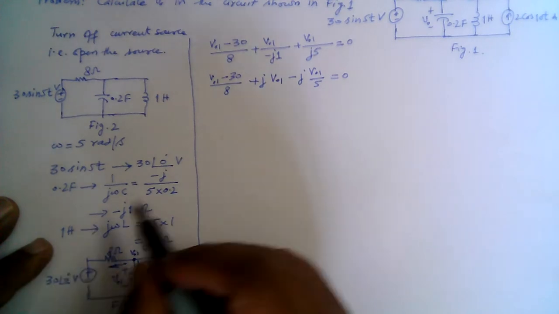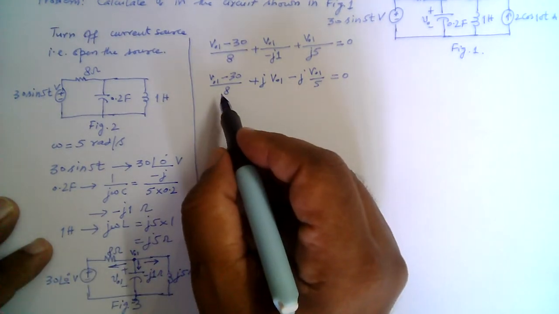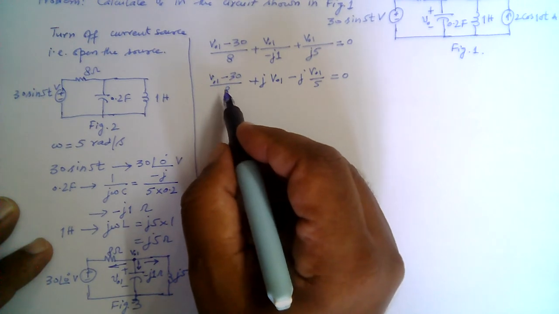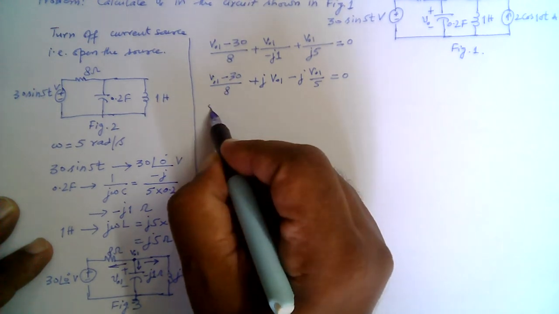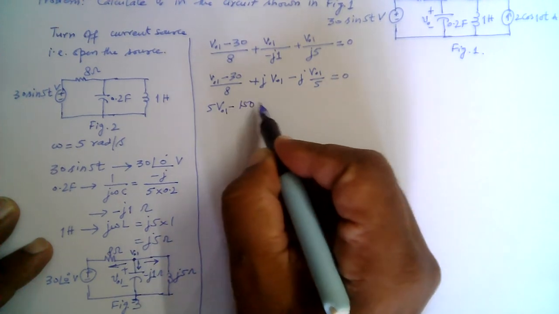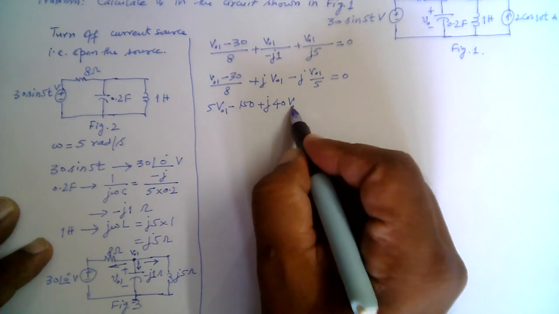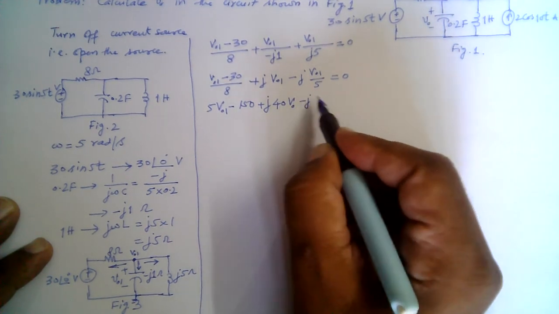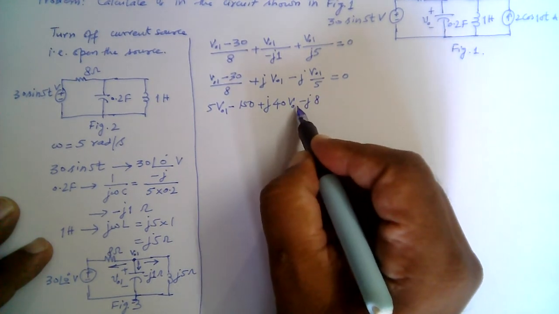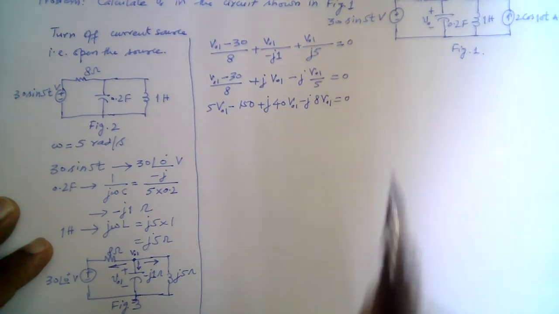And this will be minus j V01 divided by 5, is equal to 0. So we can multiply this whole equation by 40. This will leave a 5 here, so 5 V01 minus 150 plus J40 V01 minus J8 V01 is equal to 0.